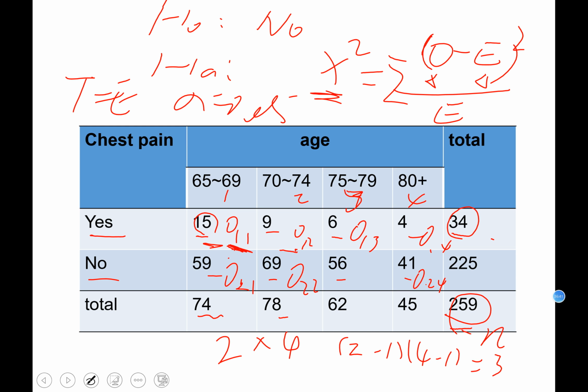So we can use this number 3, that is df, to find the critical value in table A5. And we can find that when alpha equals 0.05, the critical value of chi-square is 7.81. So then we can compare the chi-square value with the number 7.81. And then we can make the decision of rejecting or not rejecting the H0, and then we can get the conclusion.